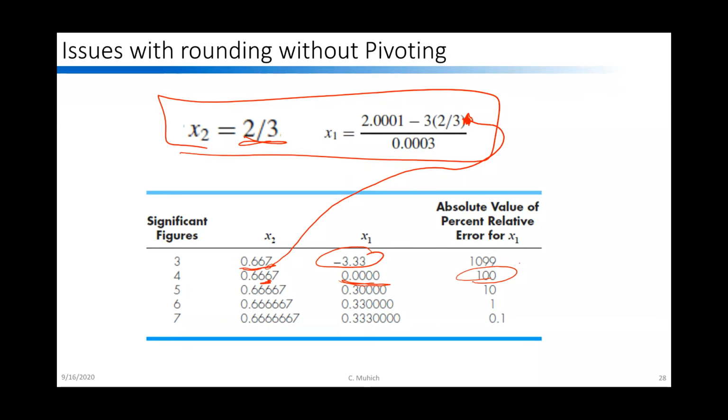Okay, so let's go in, add in a 5th digit. Now when I add in the 5th digit, I can take x1 equals 2.0001 minus 3 times 0.66667 over 0.0003. And now I have a number that's going to start looking like a number. We have 0.3.